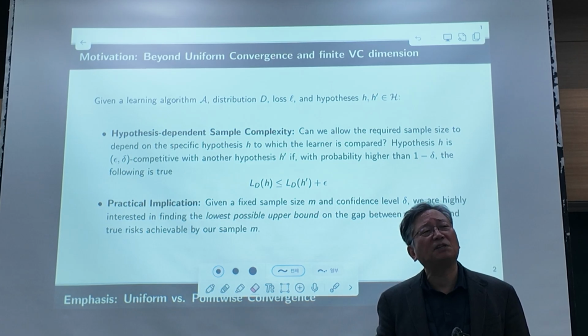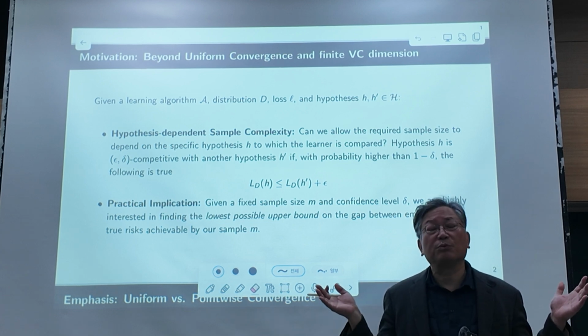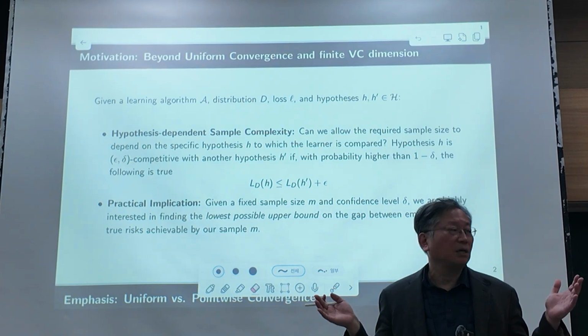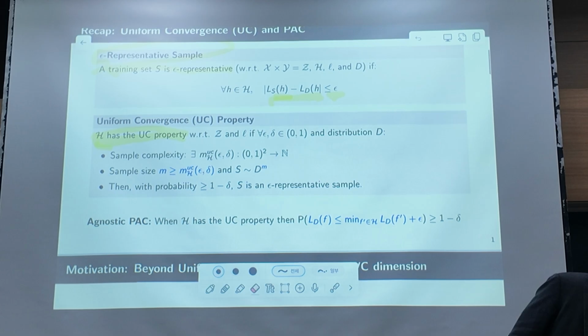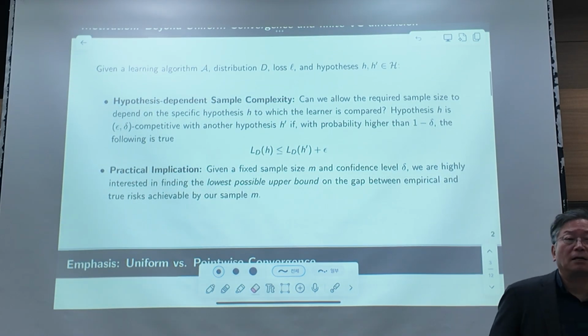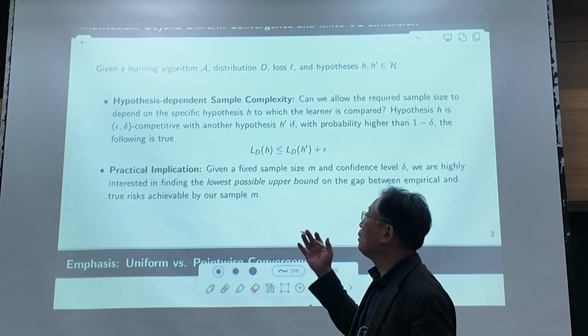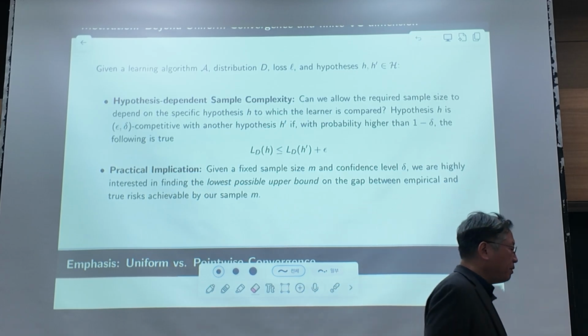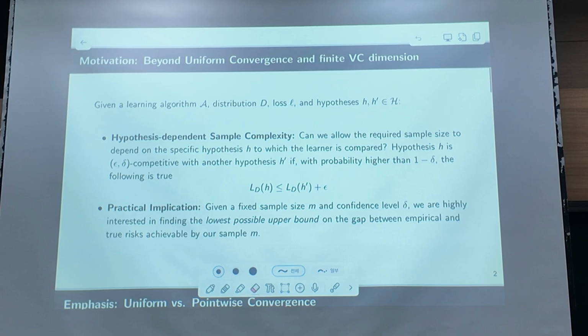If it's not finite VC dimension, then it's not agnostic PAC learnable, and we would not consider it if we follow this. And uniform convergence is also a very tight constraint.